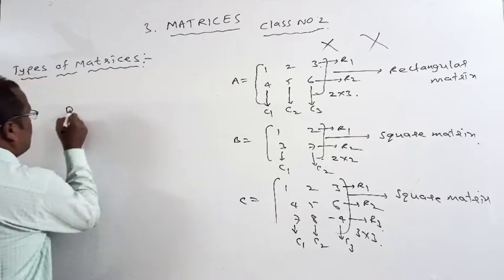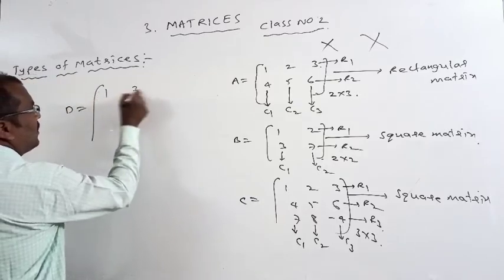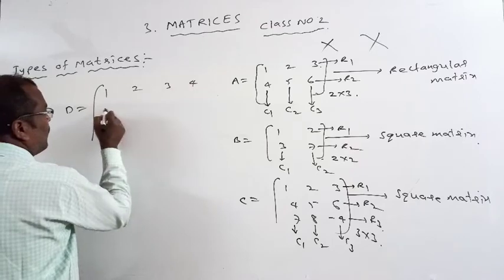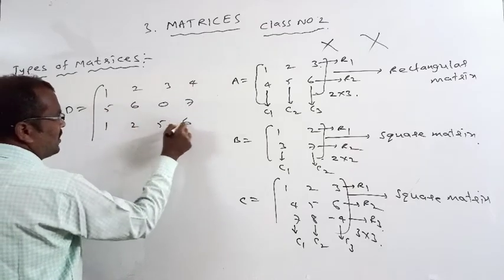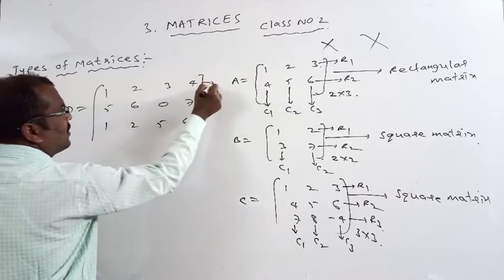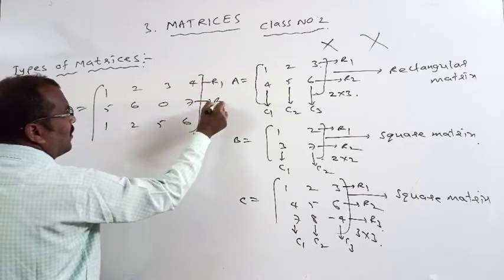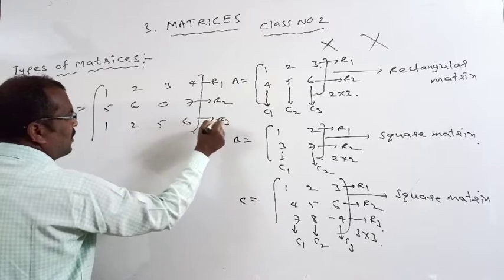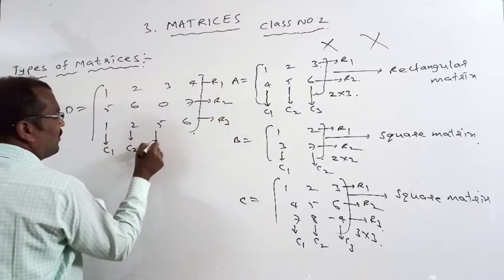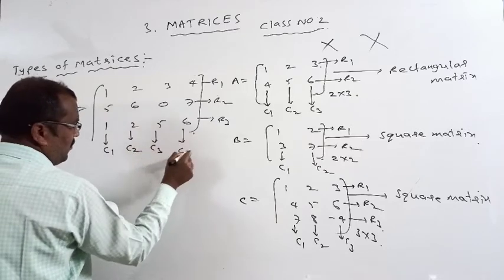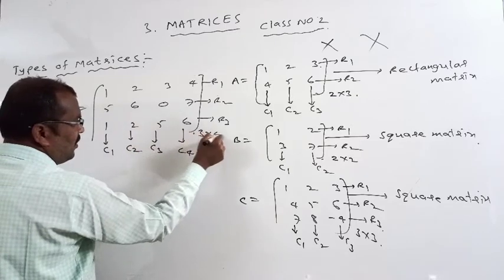Matrix B is equal to 1, 2, 3, 4, 5, 6, 0, 7, 1, 2, 5, 6. Now it has row 1, row 2 and row 3, and first, second, third and fourth column. 3 rows and 4 columns.